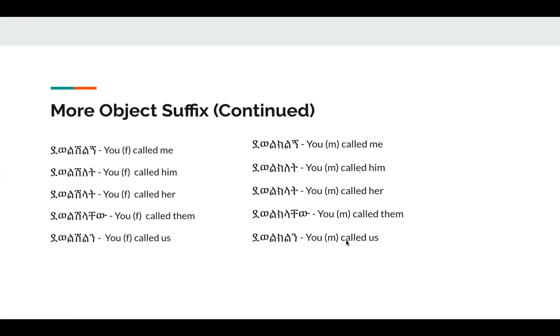And also, there's like two versions in the U. Sometimes people say Dawilk, some people say Dawilih, but you don't commonly hear Dawilih. I think it's more common to hear Dawilkalin. But sometimes words have two different variations depending on the region where you're from or your accent.